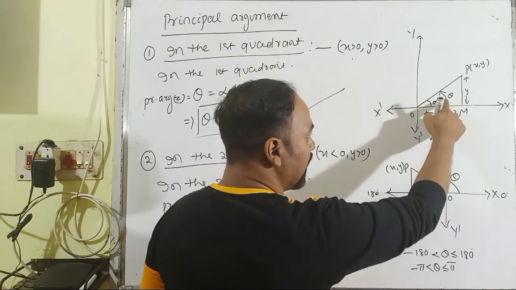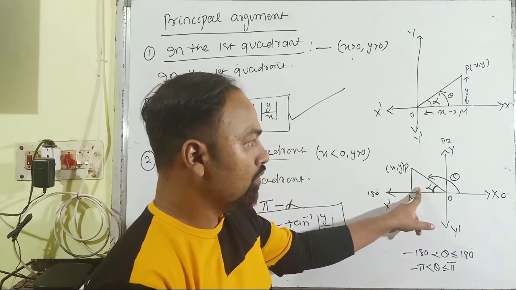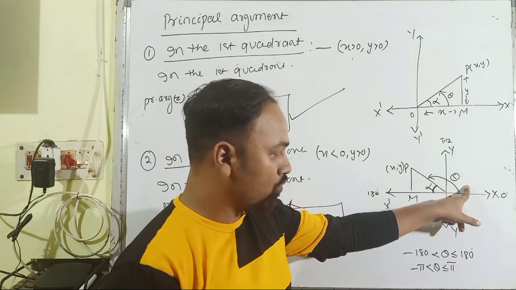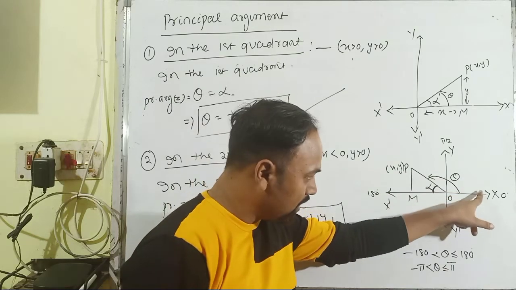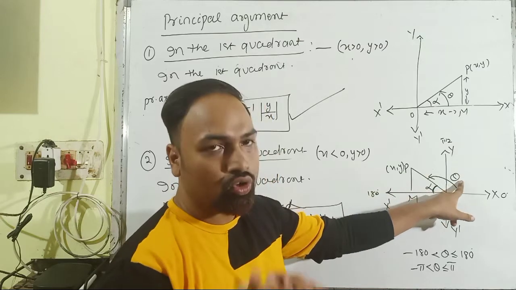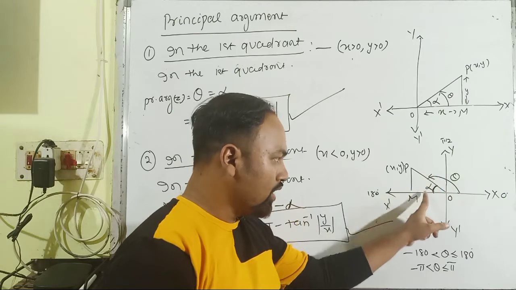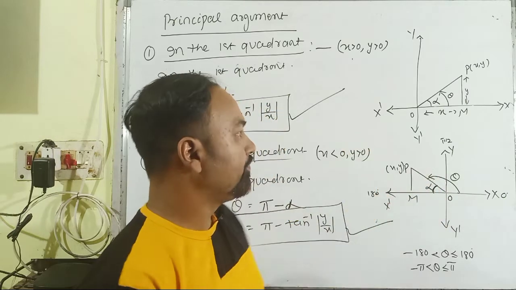That's why in the first quadrant theta is equal to alpha. But here alpha is in the second quadrant, and we have to find the principal argument of z, that is theta, from the positive direction of the x-axis. Alpha is known to us, theta is unknown to us. So theta can be measured by pi minus alpha.